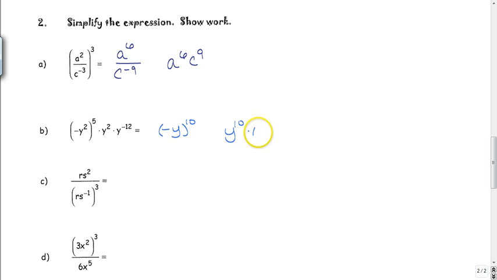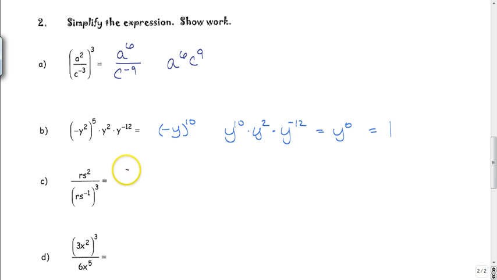And now we have times y squared, and we have times y to the negative 12. Look, it's y, it's okay. So 10 plus 2 plus a negative 12 is y to the 0, which means the solution to this is 1. That's simplified all the way. So C and D, why don't you try pausing them and see if you can handle it on your own, and as soon as you're ready, press play.